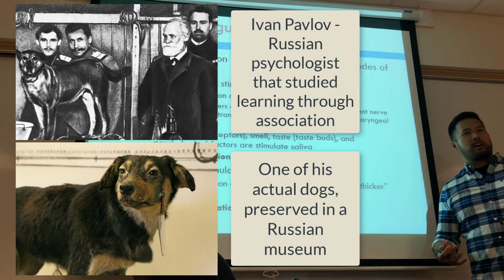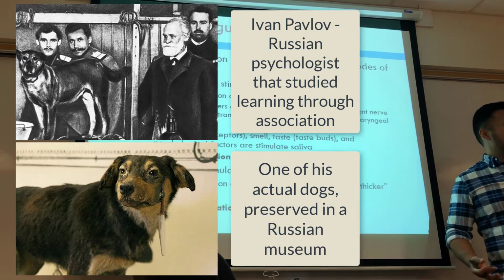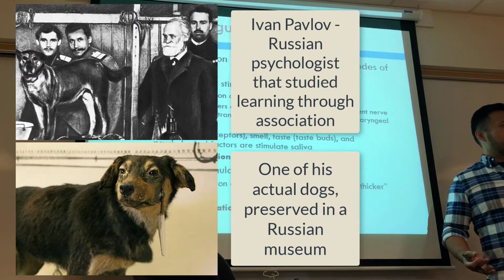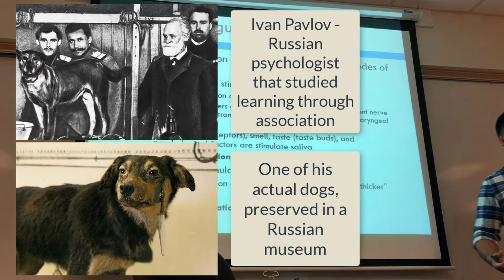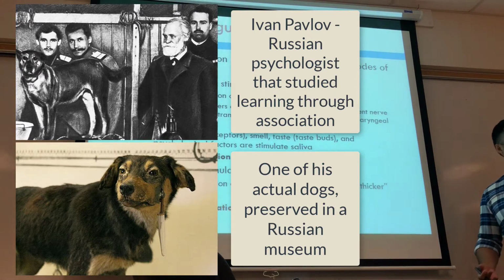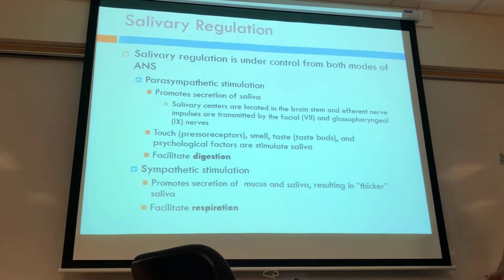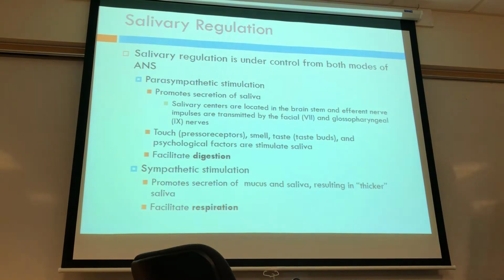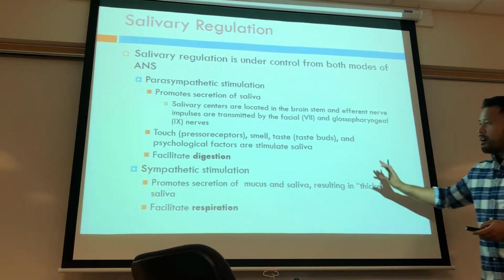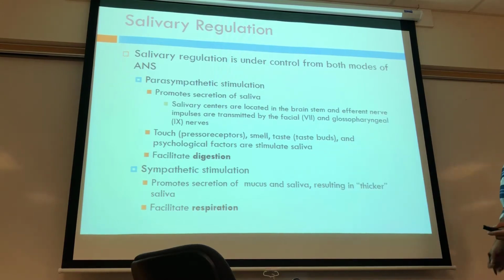Those dogs got exposed to meat powder, and they would salivate. It was a completely autonomic reaction. They smelled food and all of a sudden they salivate. You might do that too if you're exposed to food. All of a sudden you notice your mouth starts to fill with saliva. And all of that contributes to the digestion that takes place.